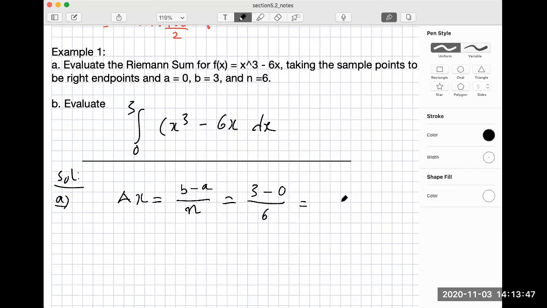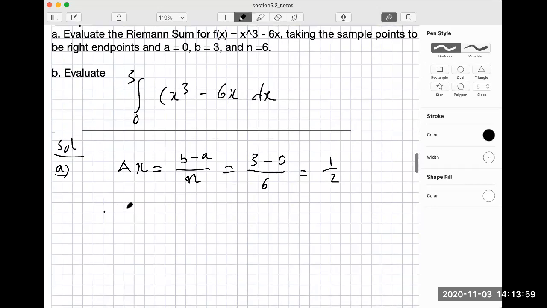It is 3 minus 0, the difference of endpoints divided by the number of rectangles. It will be 1/2. And remember, in the notes, xi will be a plus i multiplied by delta x. You can go back to the notes and double check it. So the points xi, we can compute.